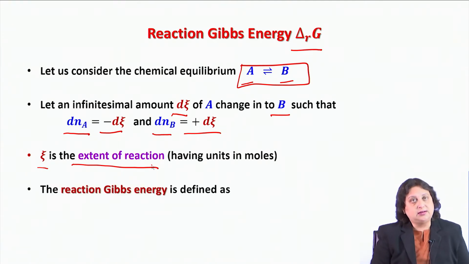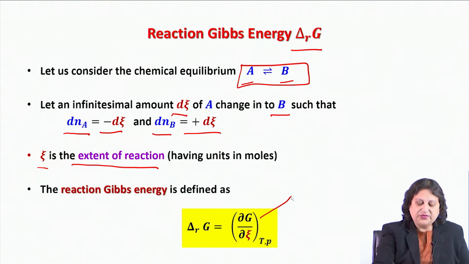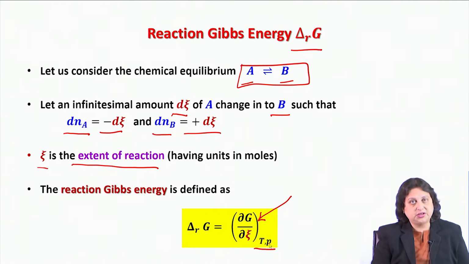And here the reaction Gibbs energy is defined as follows. This is the partial derivative of the Gibbs free energy at a given temperature and pressure with respect to the extent of reaction.